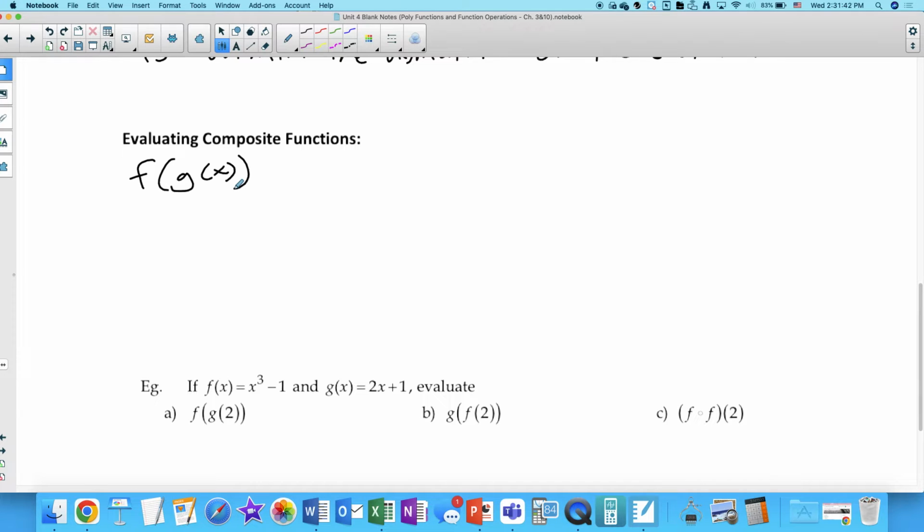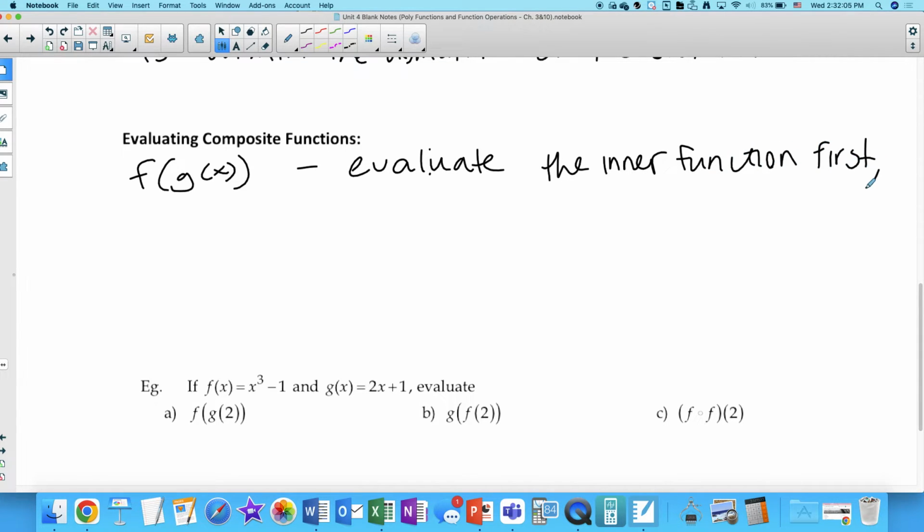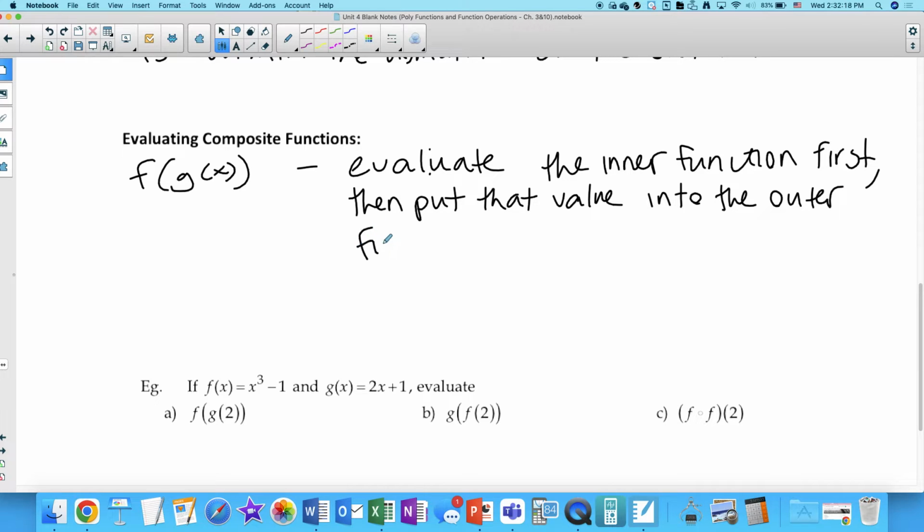So you can evaluate the inner function first, and then put that value into the outer function. Okay, you can do that.